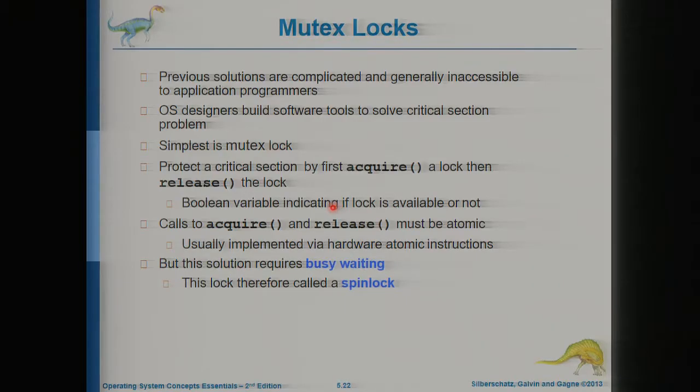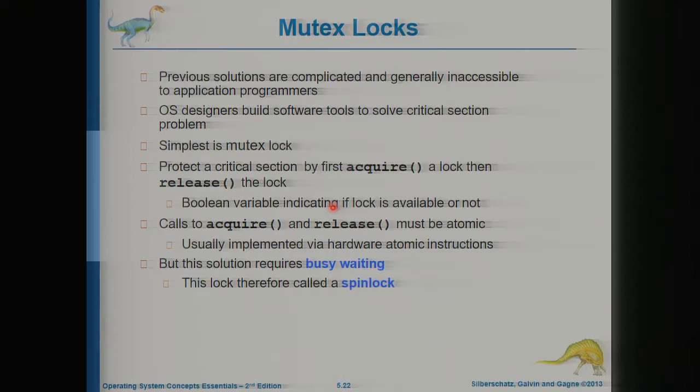it has to call the method called acquire lock, and when it finishes its critical section execution, it should call the release lock method. The calls to acquire lock and release lock must be atomic. Obviously, they should be atomic because they should not be interrupted when executing. Boolean variables indicate whether the lock is available or not.